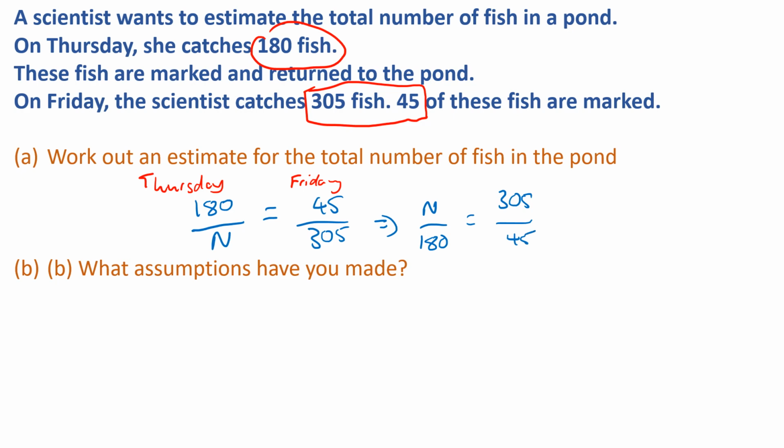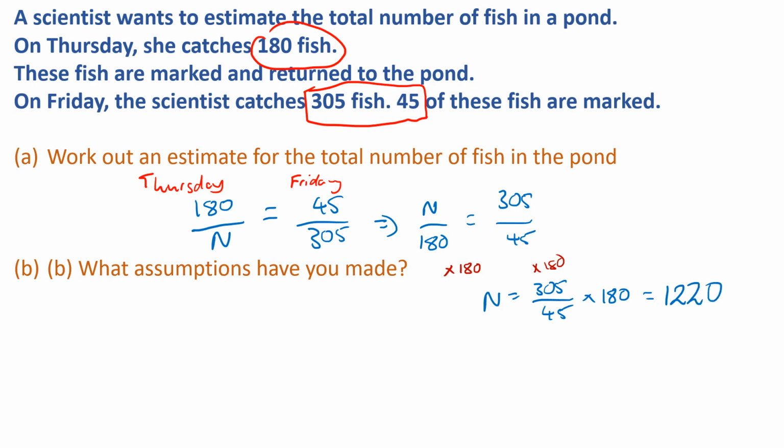Then I multiply both sides by 180, which clears the fraction on the left. So we get n is equal to 305 divided by 45, times 180. Now I'll reach for my calculator to do that. All right, and then I get 1,220.